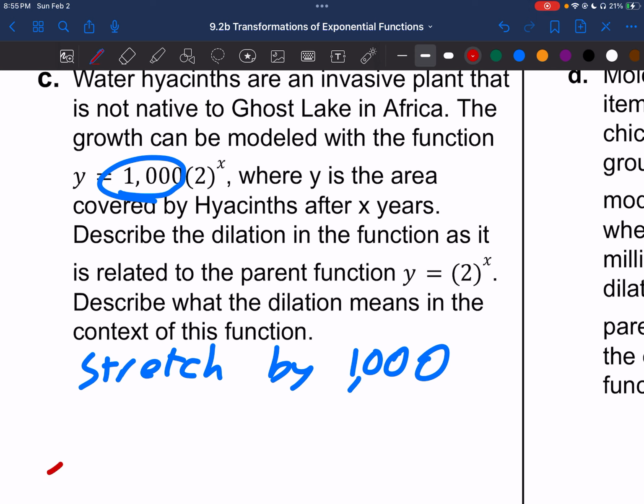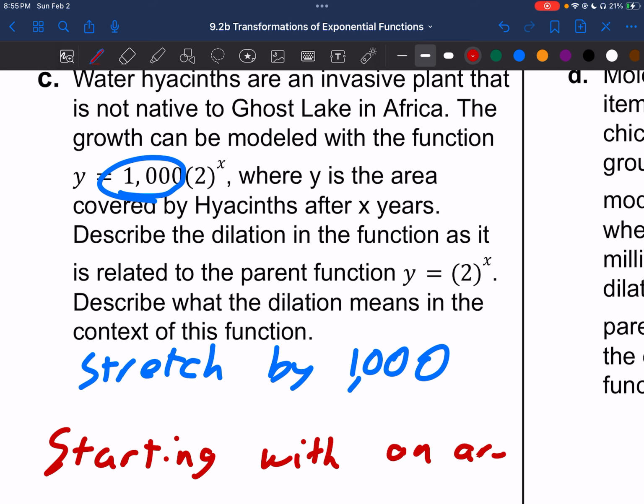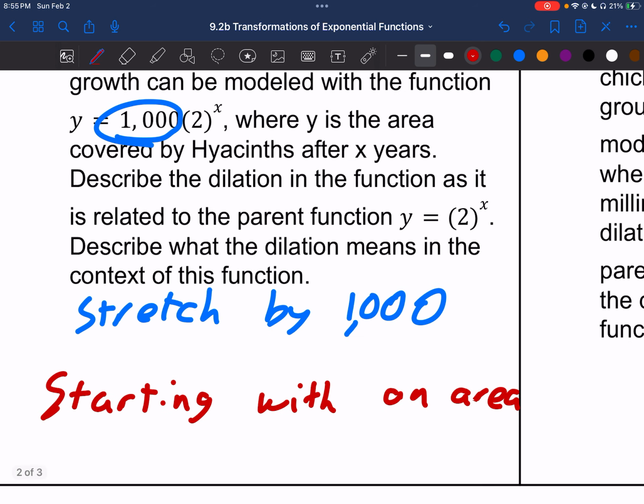We are starting with an area of 1,000. And I can't add in any units because we weren't given any specific units in this. But really what this says is, let's say it's square feet or square miles or whatever it may be. You are starting with 1,000, let's say, square feet.